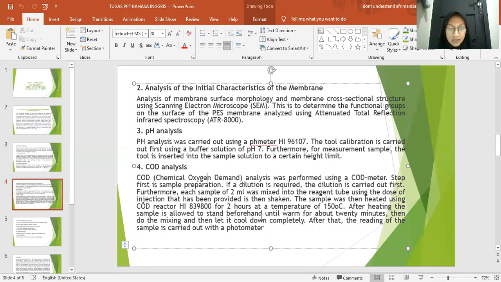After heating, the sample is allowed to stand until warm for about 20 minutes. Then do the mixing and let it cool down completely. After that, the reading of the sample is carried out with a photometer.